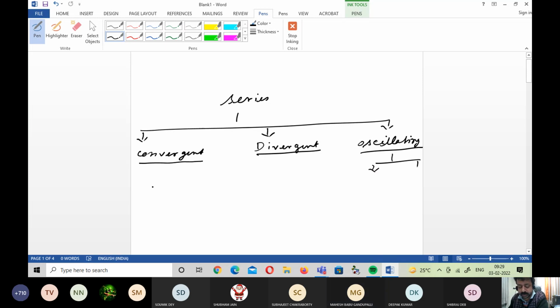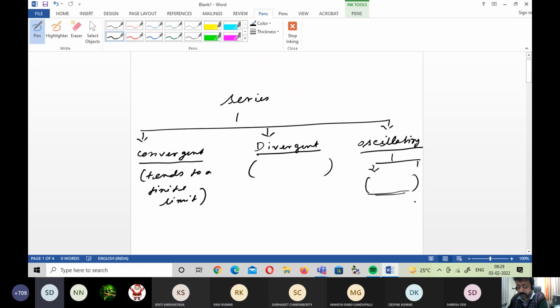A series is convergent means it tends to a finite limit. Divergent means it does not tend to a finite limit. And oscillating finitely: for an infinite value, it oscillates between two finite values.